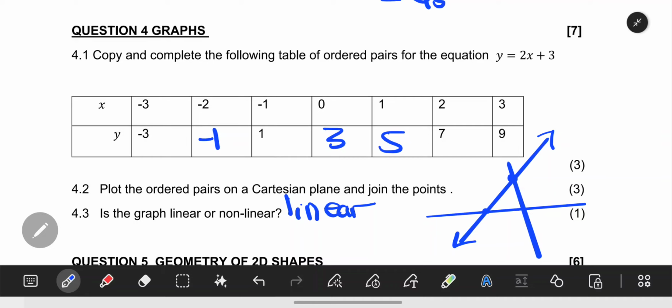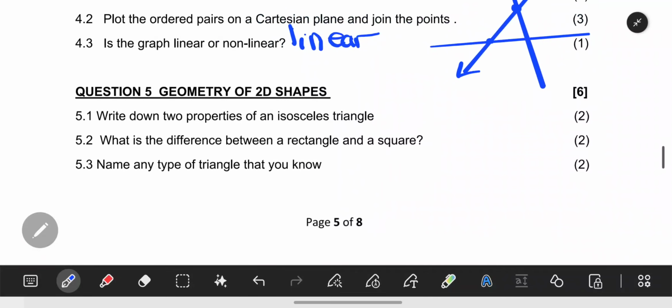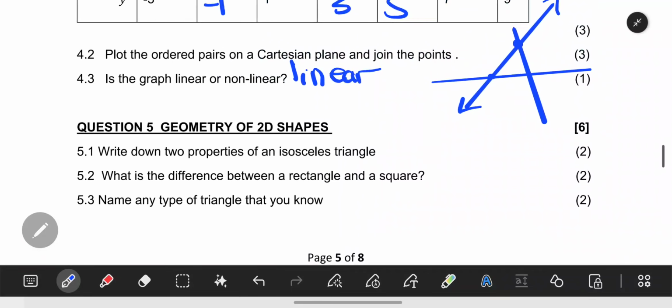Okay, let's continue. Now they're saying write down 2 properties of an isosceles triangle. Let's start with 5.1. Two properties of isosceles: we know that 2 angles are equal, and then another point is that 2 opposite sides are equal.